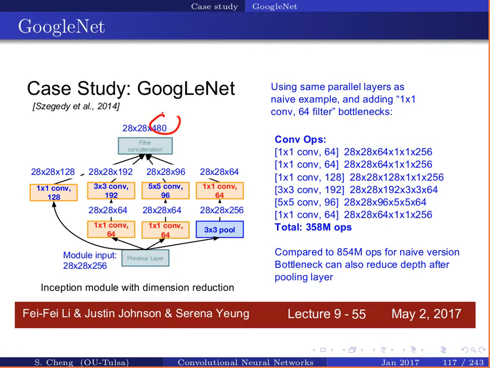And you can also reduce the number of operations quite a bit by just doing something like this. So it's a very simple idea.